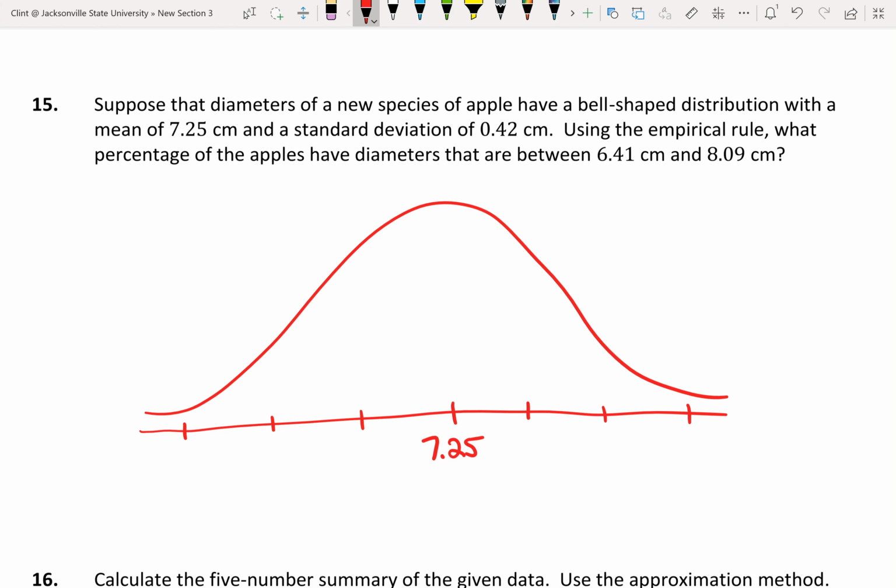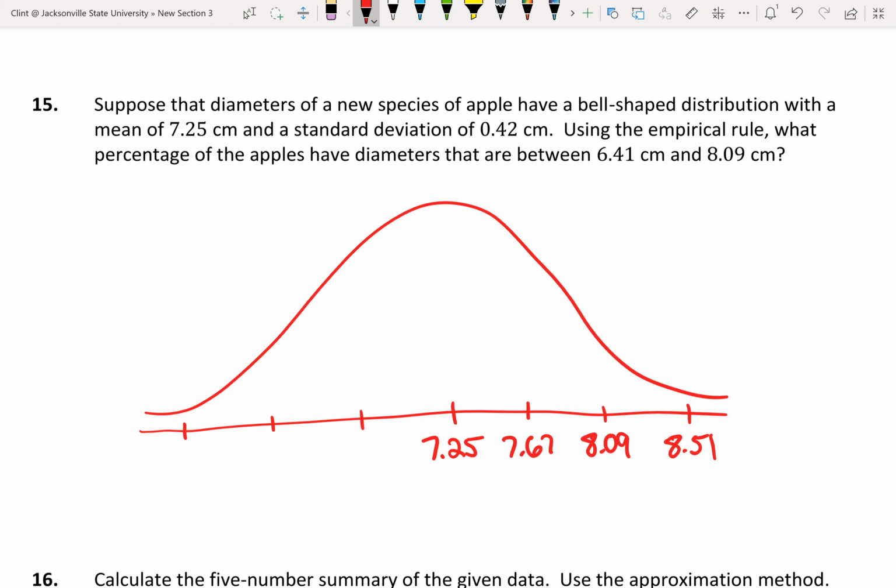So my standard deviation is 0.42. So 7.25 plus 0.42 gives me 7.67, plus 0.42 again, I get 8.09, plus 0.42 again, I get 8.51.